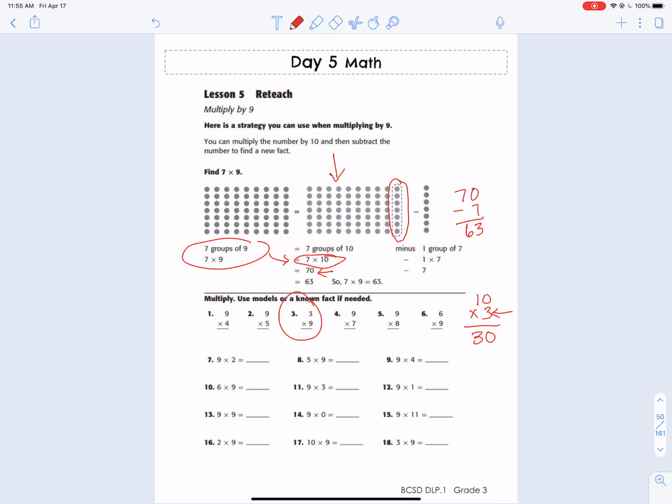Now, all I have to do to find the answer to 3 times 9 is take away 3, and I get 27. Therefore, 9 times 3, or 3 times 9, doesn't matter how we write it, equals 27.